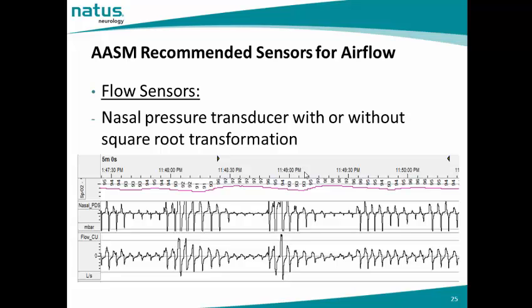This transformation provides a more accurate estimation of the flow. However, due to some factors, like changes in catheter position, the accuracy of the transformed signal typically deteriorates over the night.